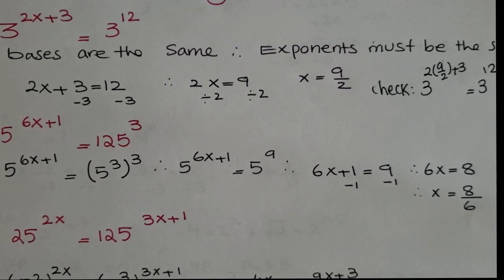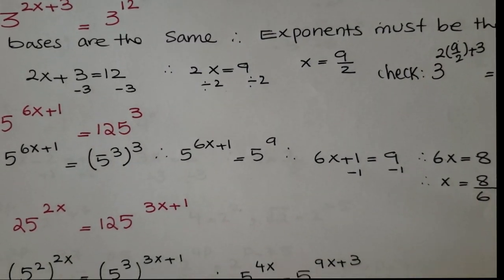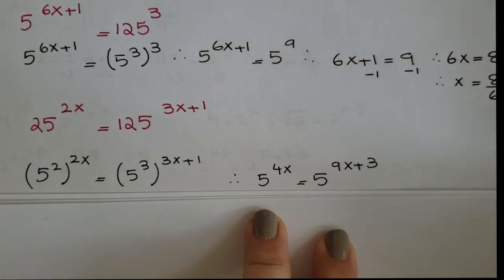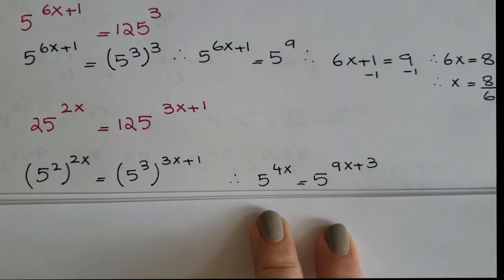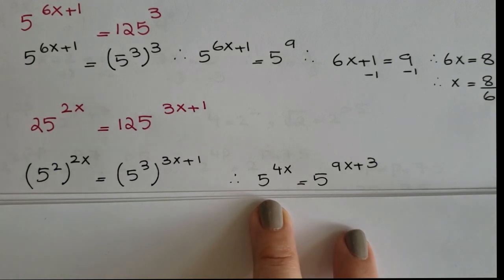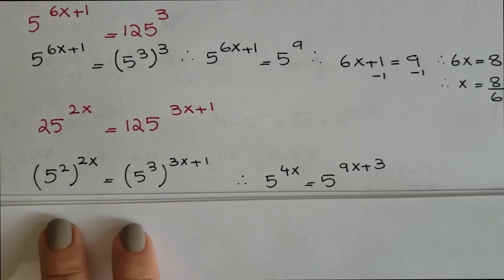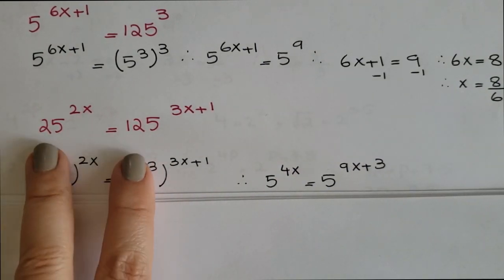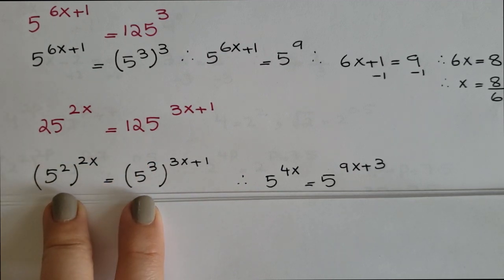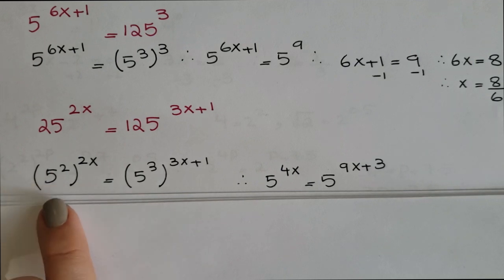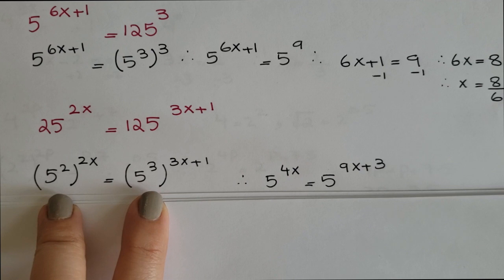Let me move this a little bit so you should be able to see. Here neither the bases nor the exponents are the same, but remember I can always convert the bases. So 25 can be converted to 5 to the power 2, and 125 can be converted to 5 to the power 3.